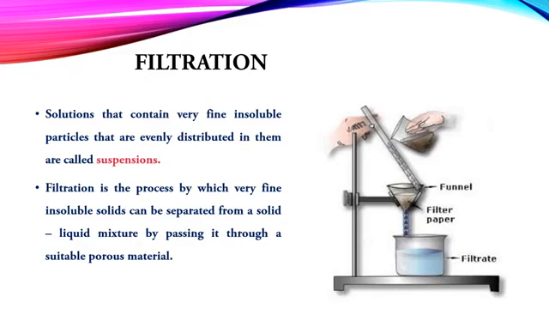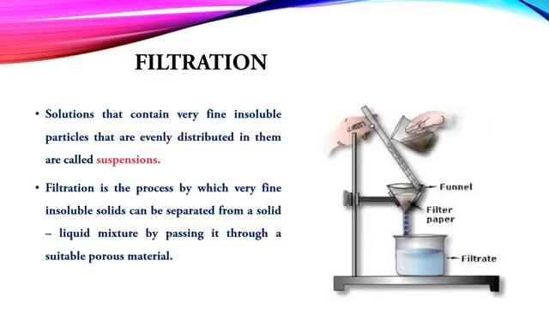The liquids can pass through tiny holes of paper, but solid particles being large cannot pass through the tiny holes of the filter paper. The solid which remains on the filter paper is called residue. The liquid which passes through the filter paper is called filtrate.